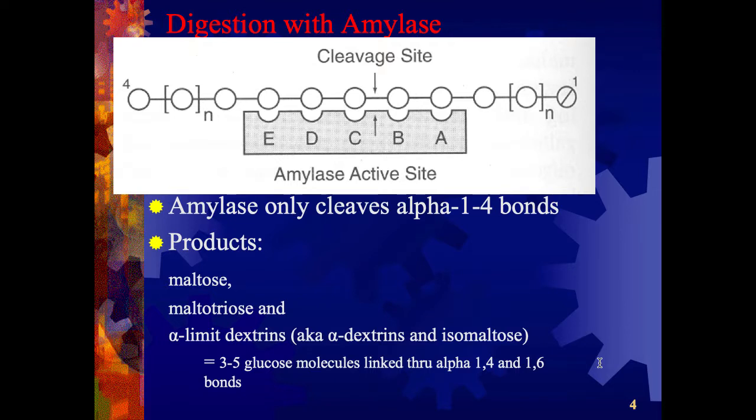Now, here's where it's interesting. More interesting than other stuff. So here's a diagram of pancreatic alpha amylase. This shape right here and these letters, A through E, indicate this is a shape showing pancreatic alpha amylase and its binding sites. So pancreatic alpha amylase has 5 binding sites.